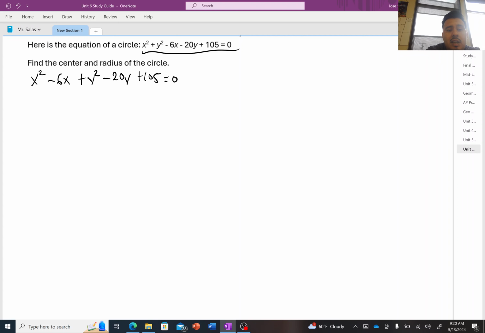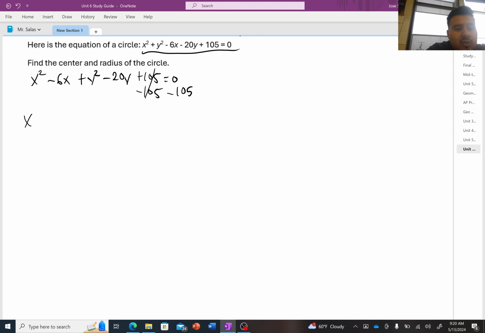Now I'm going to go ahead and take minus 105 on both sides. My 105s get canceled out.